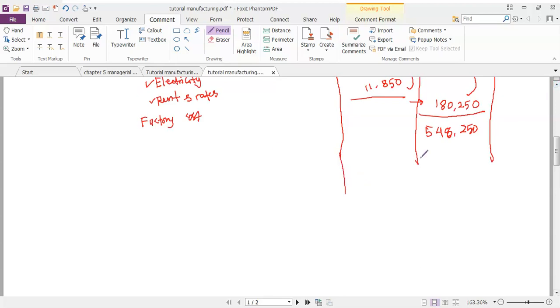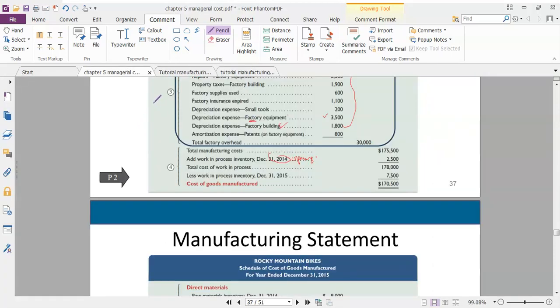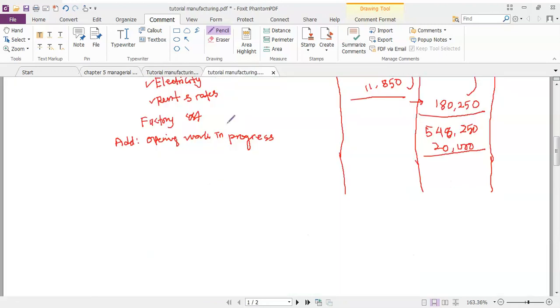Okay. Add on with opening work in progress $20,000. Lepas tu, bila dah tambah, you akan dapat total cost of work in progress.